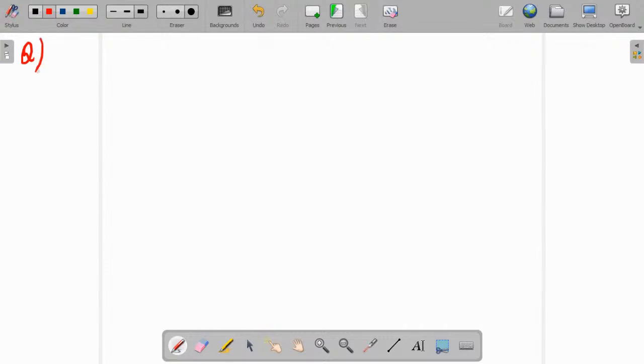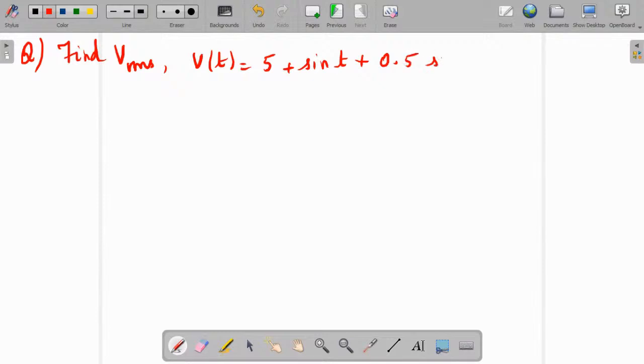First question, find the RMS voltage given V of t is equal to 5 plus sin t plus 0.5 sin 3t.